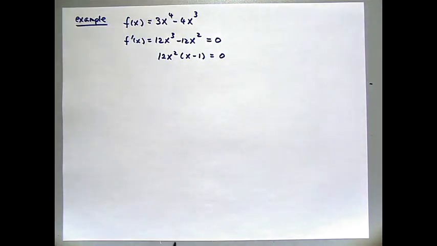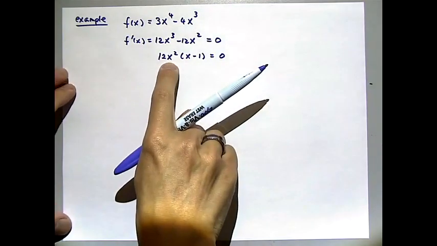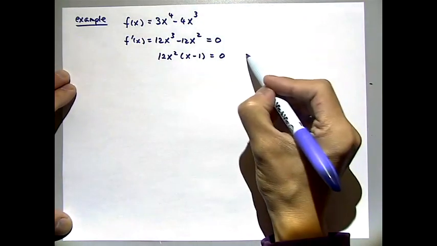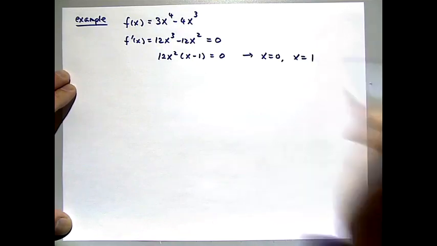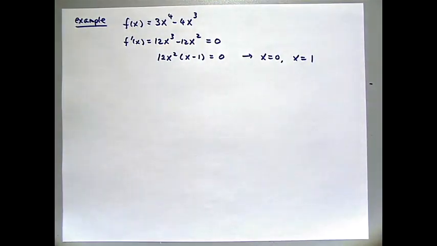So here we see that x has to be either 0 to make the entire thing 0, or x is equal to 1. So just by chance, we get the same two numbers. But of course, in general, these will be just numbers.